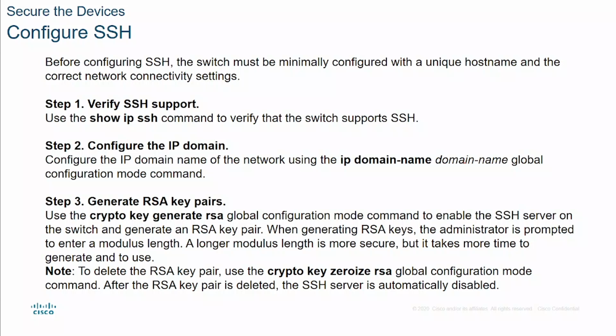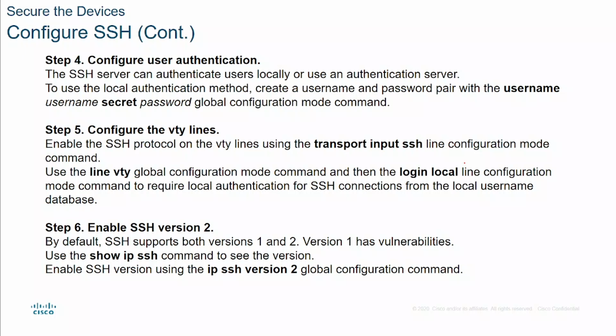To delete the RSA key pair, use the crypto key zeroize rsa command. After the RSA key pair is deleted, the SSH server is automatically disabled. This means that the switch will no longer be able to be accessed remotely over the network.